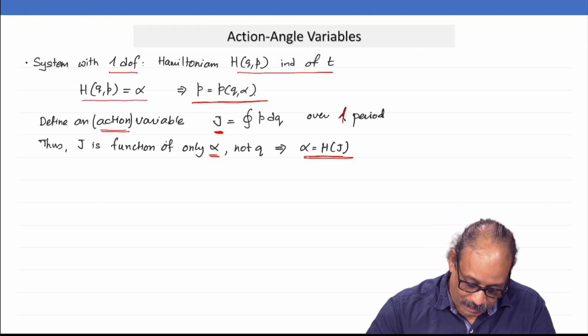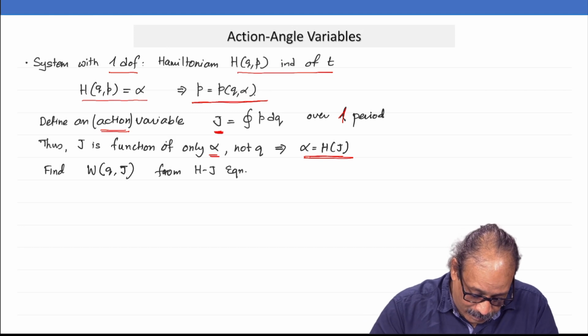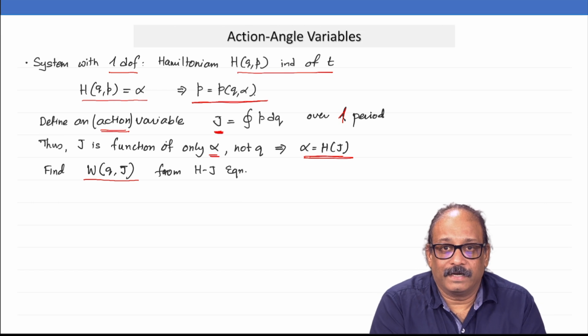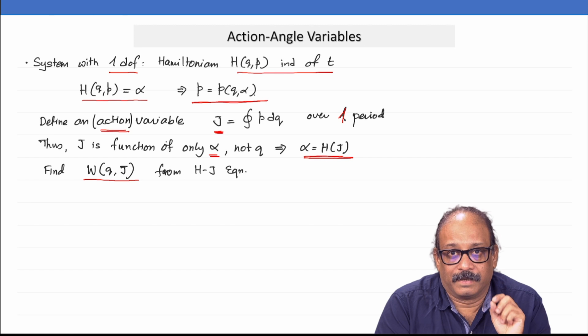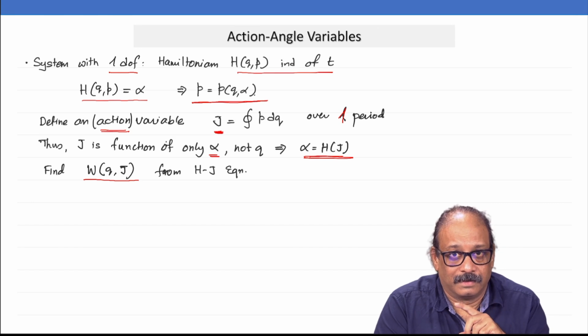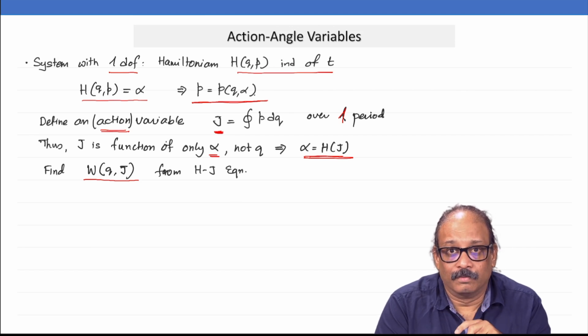Okay. Now, let us get back to the standard procedure. So, find now W, which is a function of q and capital J. Remember, this is exactly the same procedure, because it is one degree of freedom. I had one constant, that was alpha. I am going to replace alpha by capital J, the action variable, and call it the new momentum.